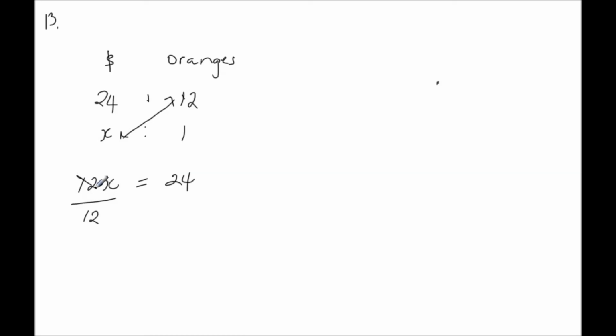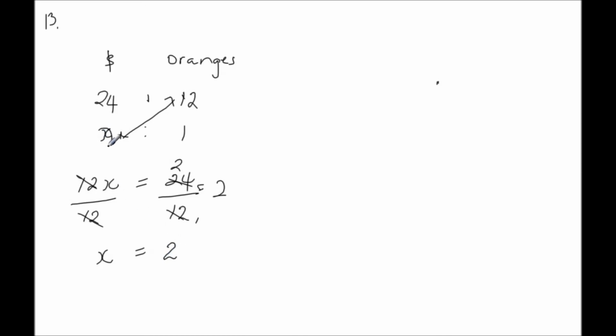So 12 will cancel 12, and we divide the other side by 12. So when we have cancelled on this side, we'll be left with x being equal to 12 into itself one time, and 12 into 24 goes 2 times. How many times can 1 go into 2? It can go in there 2 times. So x would be equal to 2.